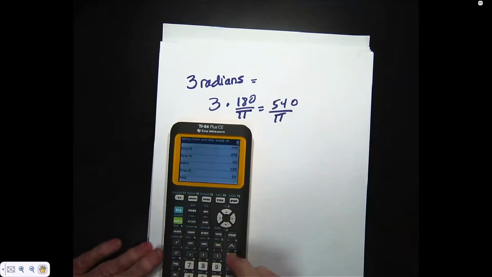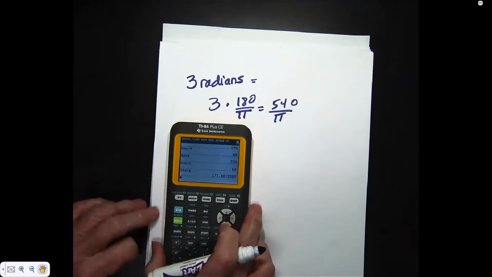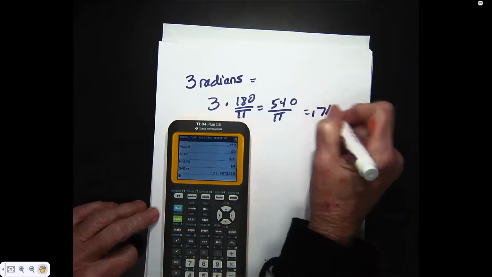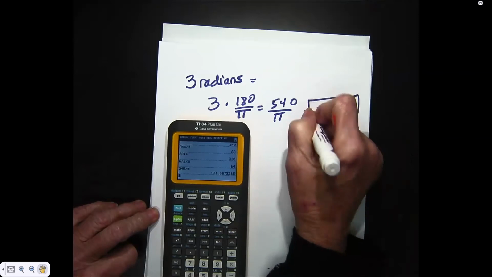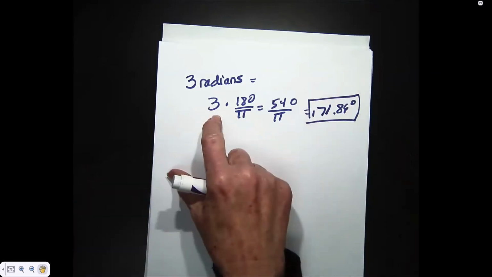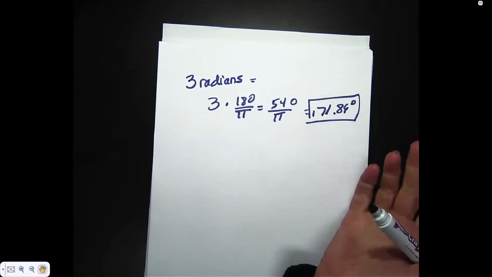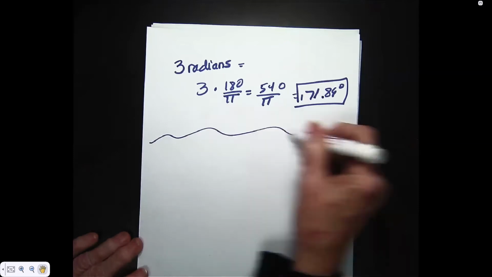So 540 divided by pi, and you're going to end up getting that as 171.89 degrees. So just because it's a number does not mean that it's going to be degrees. That could be radians as well. All right. So hopefully that's a nice, easy explanation.